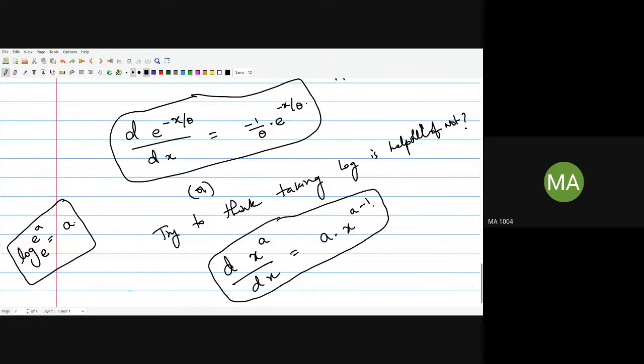People who want these formulas, just write them down. I'm just going back to the Pear Deck slides.